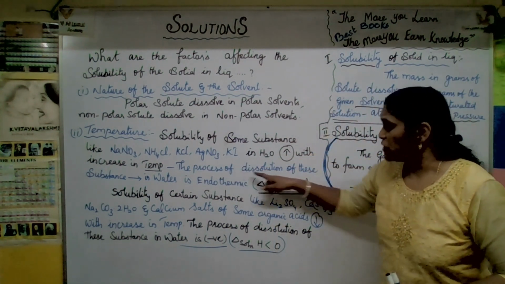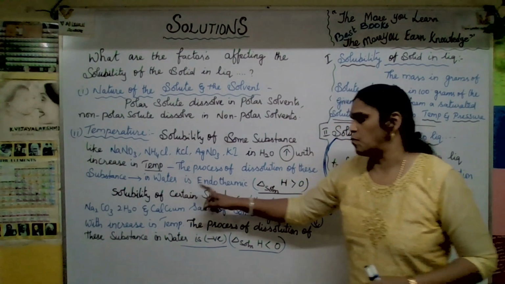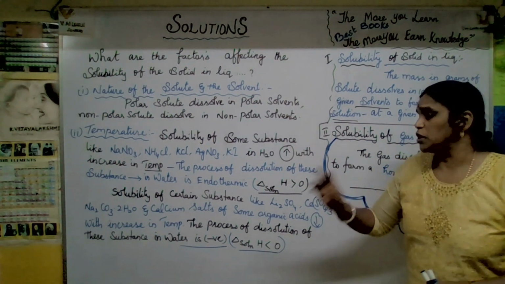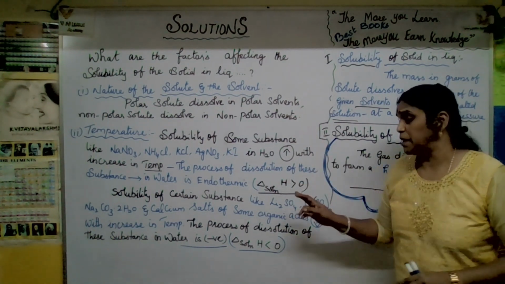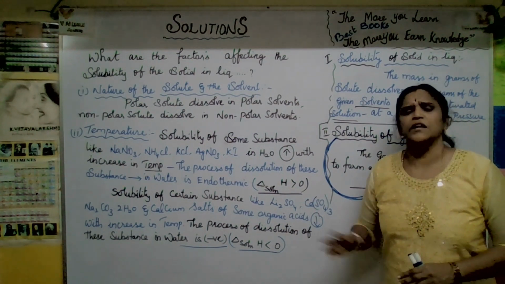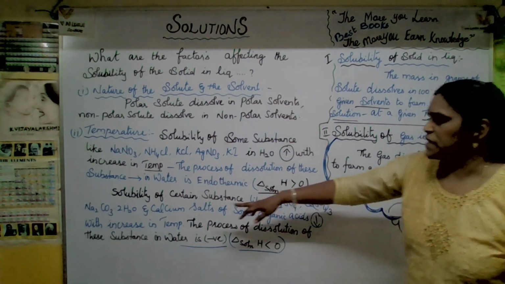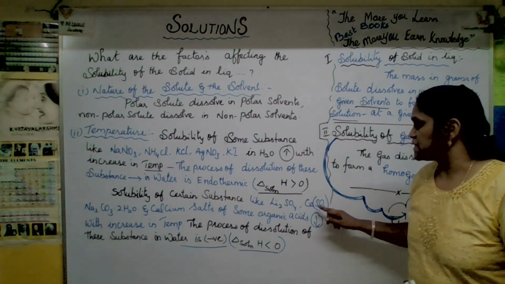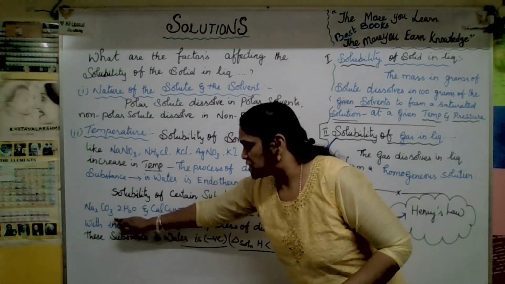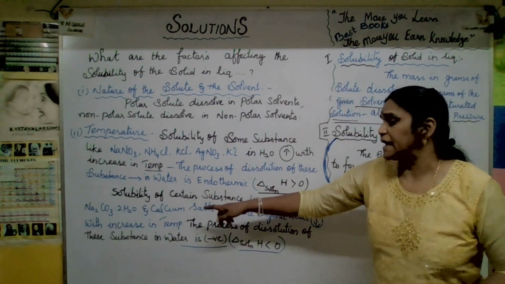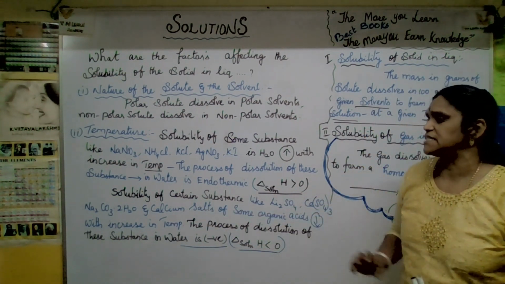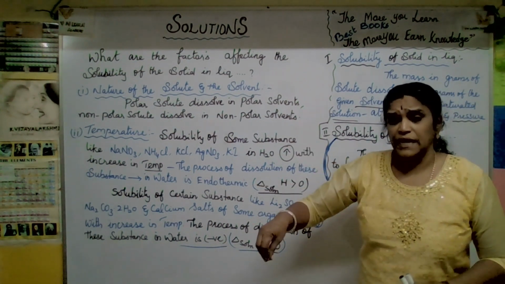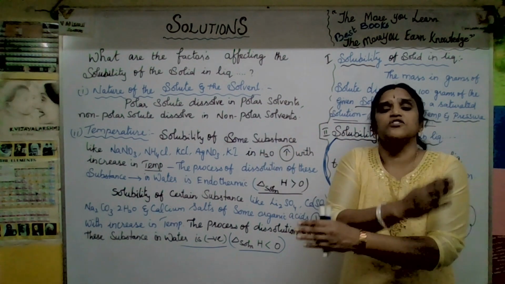The process of dissolution of these substances in water is an endothermic process. Endothermic means delta solution H is greater than 0, that is, positive. Next, the solubility of certain substances like Li2SO4, lithium sulfate, cerium sulfate, Na2CO3·2H2O, sodium carbonate, and calcium salts of some organic acids decreases with increase in temperature, just the opposite.